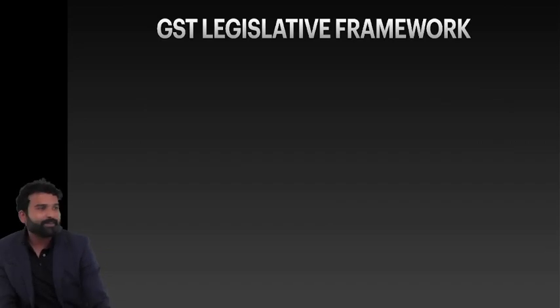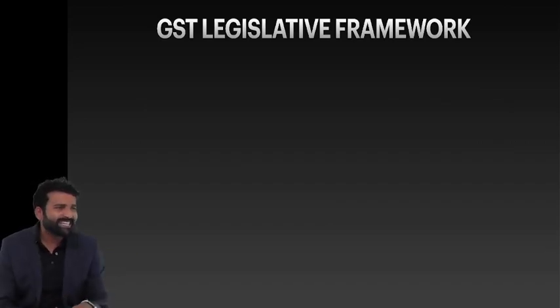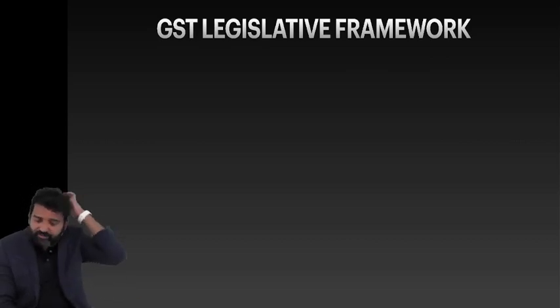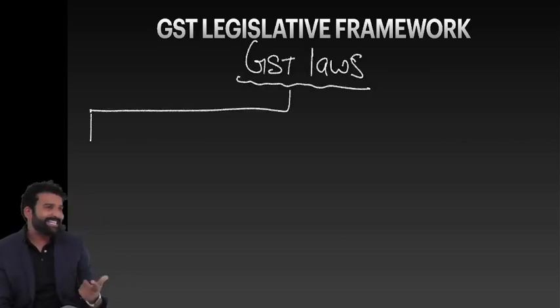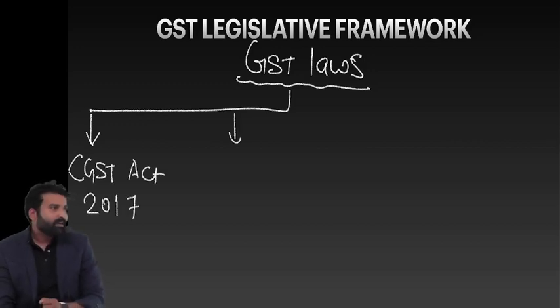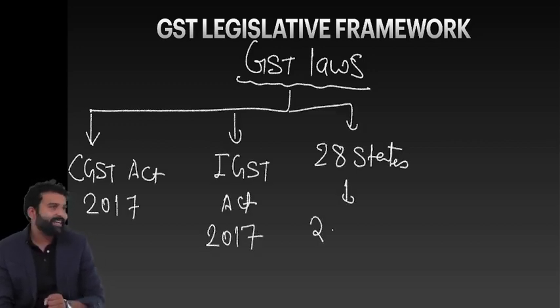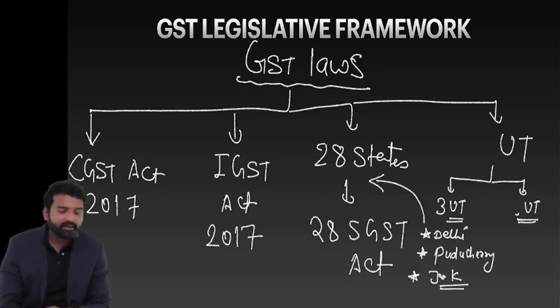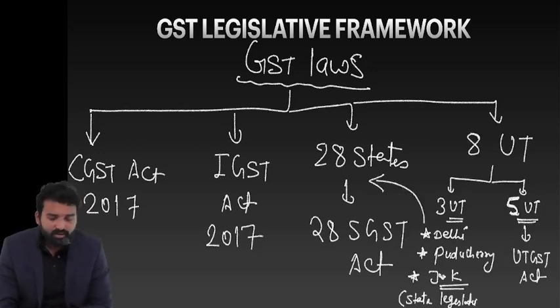Now everybody knows about the GST legislative framework, that is, the acts we have to discuss. We have the CGST Act 2017, the IGST Act 2017, the SGST Act for 28 states, and the Union Territory Act for a lot of UTs.